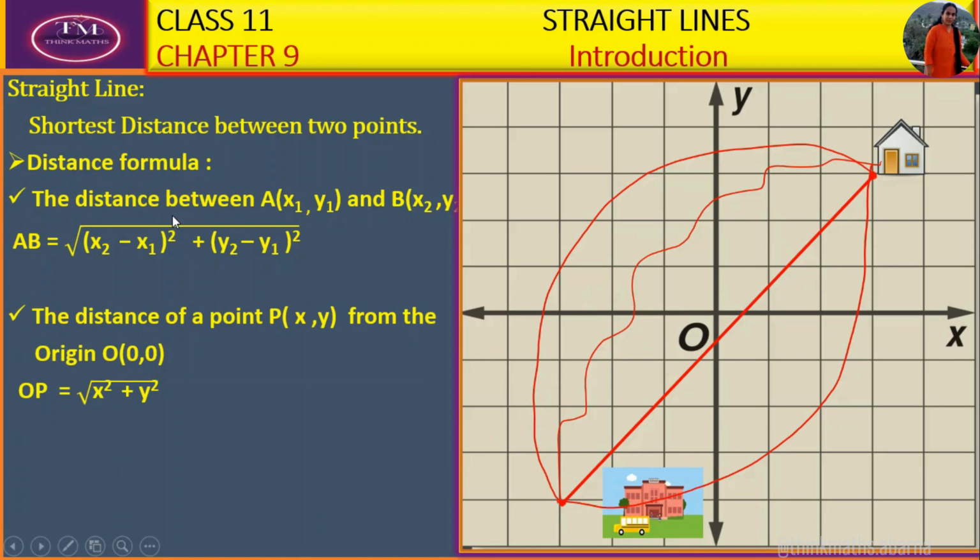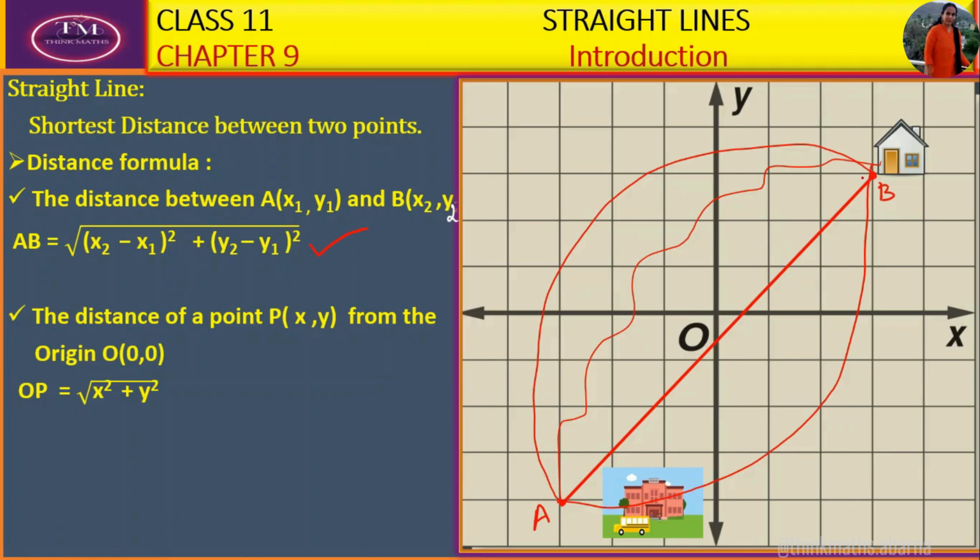If these 2 points are x1 comma y1 and x2 comma y2, then the distance between them is the square root of x2 minus x1 the whole square plus y2 minus y1 the whole square. So this is the distance between 2 points A and B. If this is the point A and this is the point B, the distance between A and B can be found using this formula.